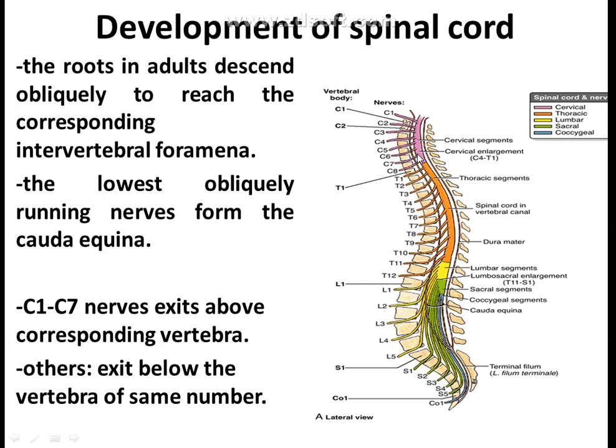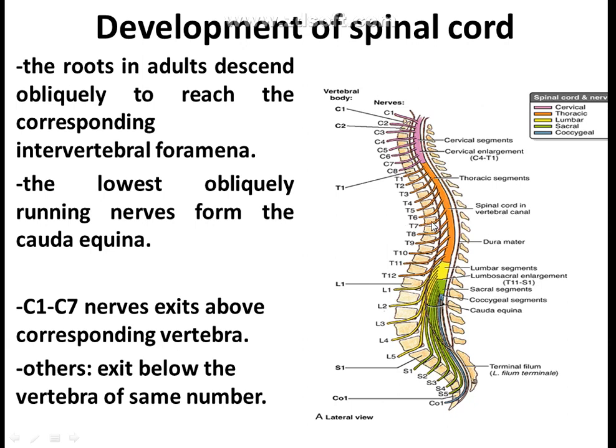And so these spinal nerves run somewhat horizontally from the segment of the spinal cord to exit from the intervertebral foramina. But if you go down in the segments of the spinal cord, the spinal nerves must descend a little to reach the corresponding level of their intervertebral foramen and thus exit out.